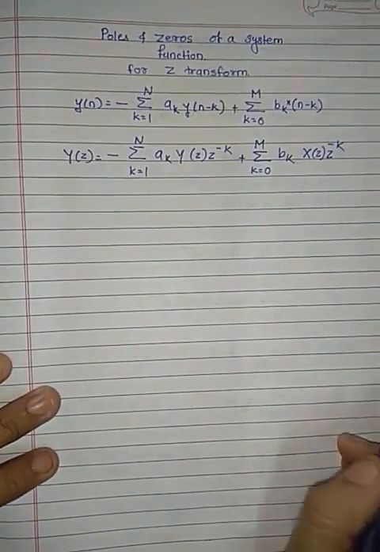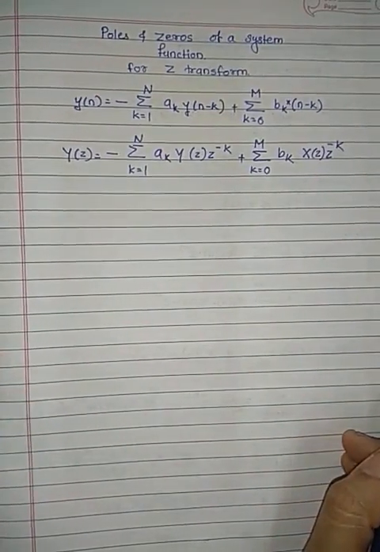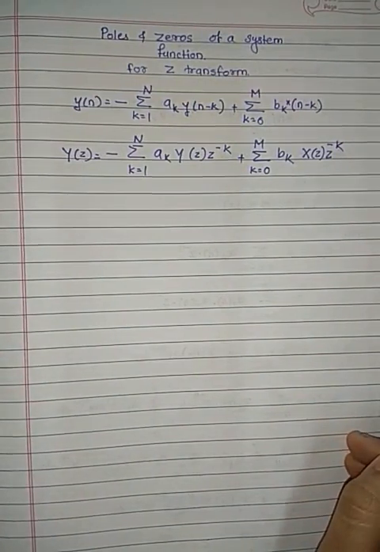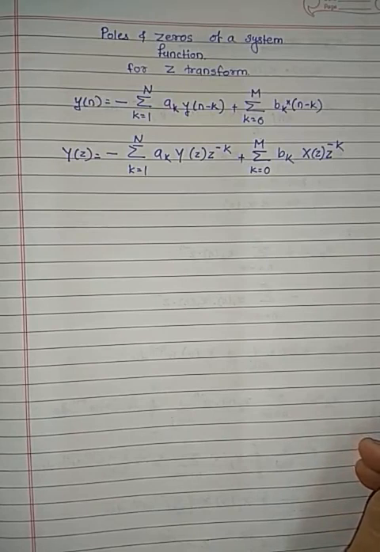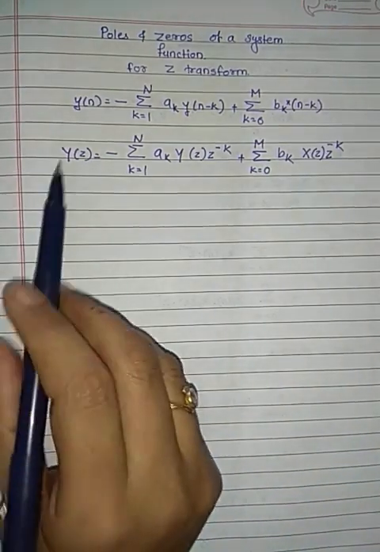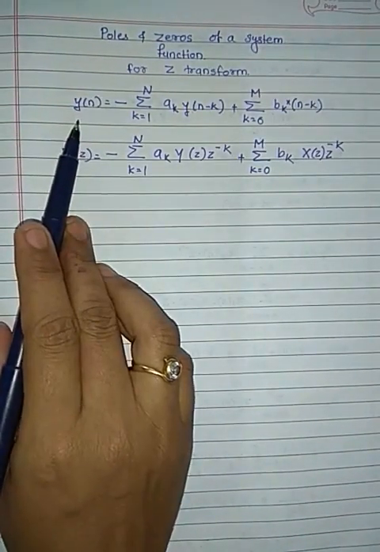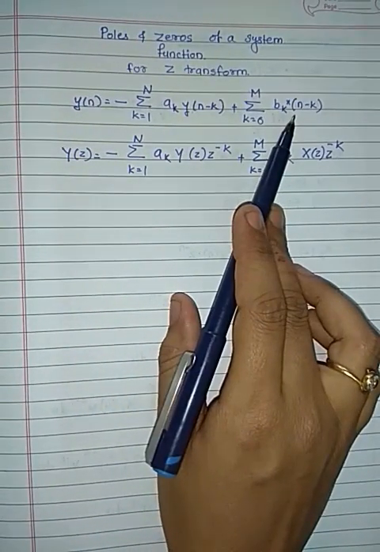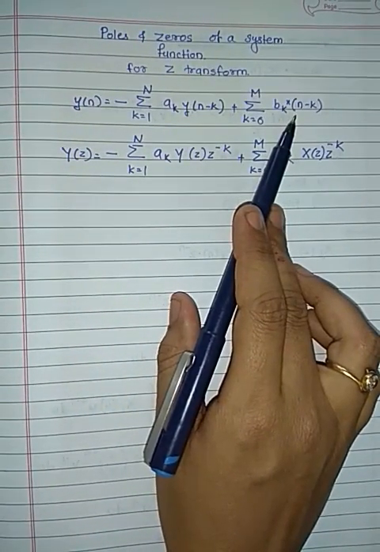We have seen the properties of the Z transform in our previous video, and in these properties we have learned the time shifting property also. By applying that property, we have the Z transform of y of n, because y of n minus k and x of n minus k are the time shifted versions of y of n and x of n.